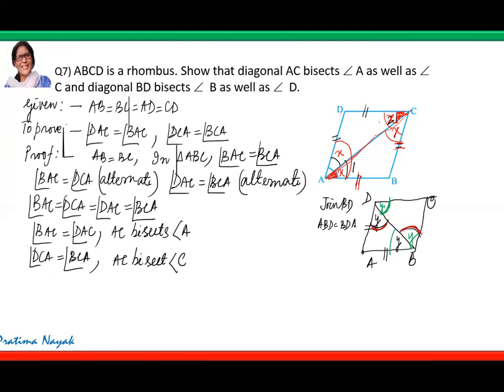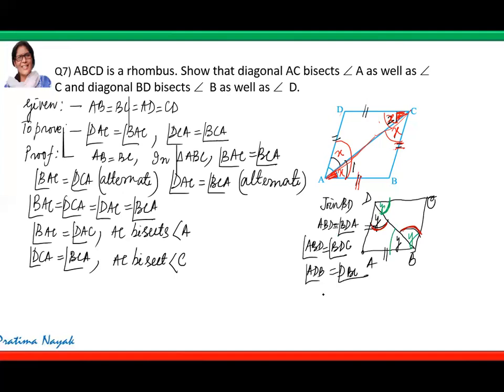ABD is equal to BDC, and ADB is equal to DBC.